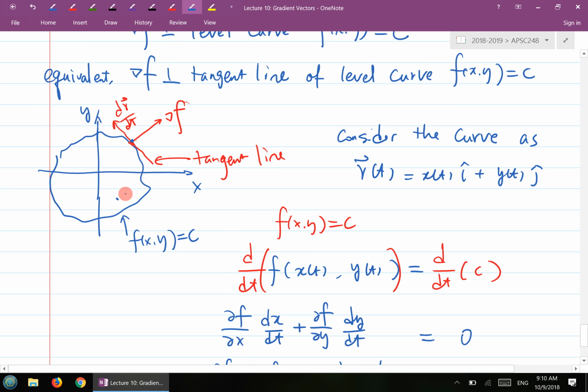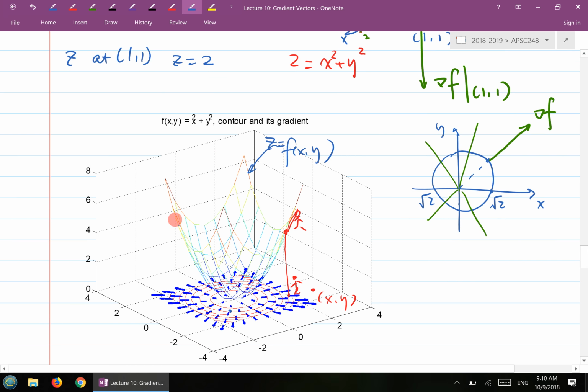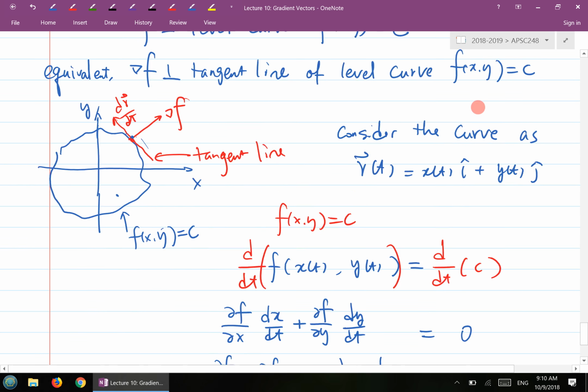Whenever you pick a point x, y on that surface, there is a z value. The question is how fast the z value will go, which is given by the del f information. So your actual surface is on top of it, not this one. This is your level curve. The surface is this. Is that good? Let's continue from here.